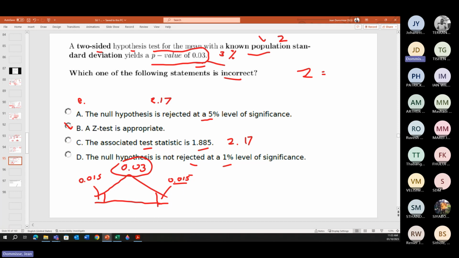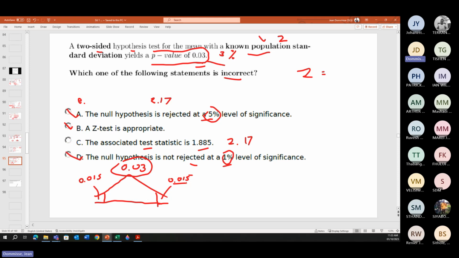Okay, and then just to look at this: at 5%, this is smaller than 5%, so it will be rejected. At 1%, this is bigger than 1%, so it will not be rejected.